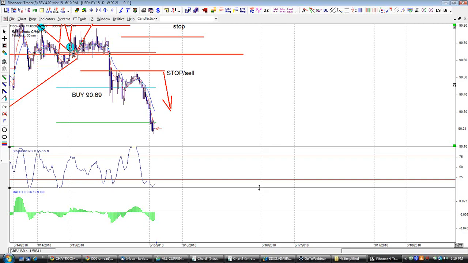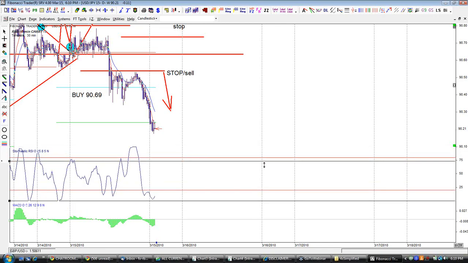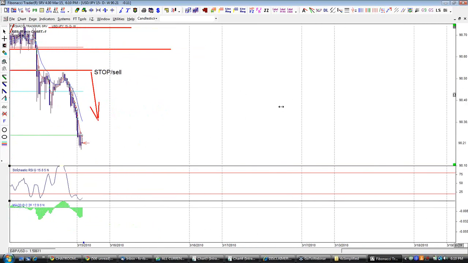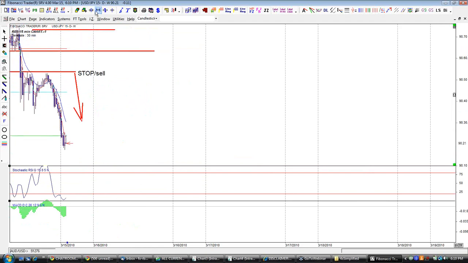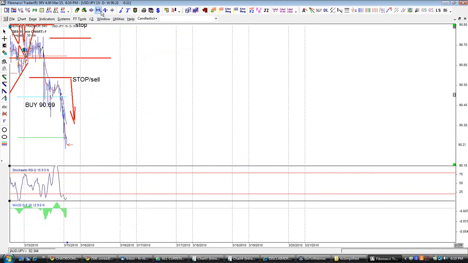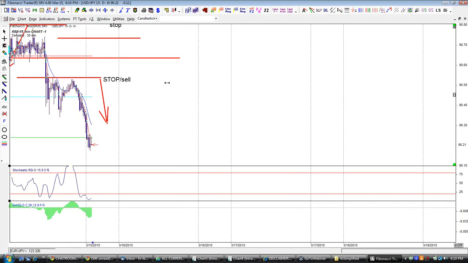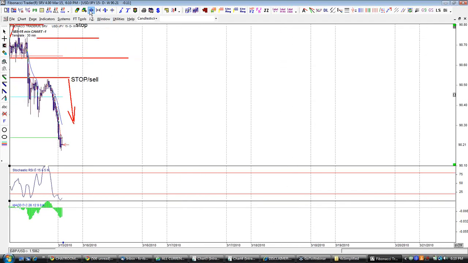Okay, let me continue. So we've talked about pennants and flags, some basic stuff. Now I would like to say a few words about a wedge.